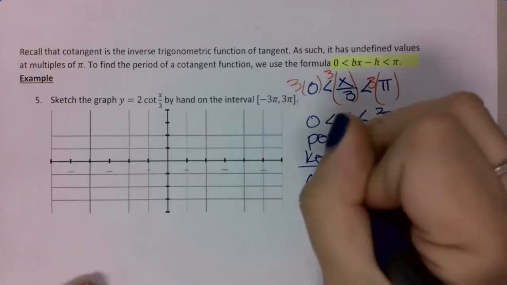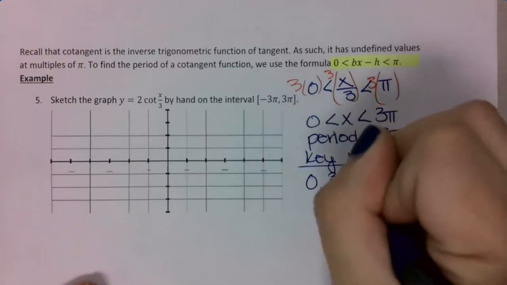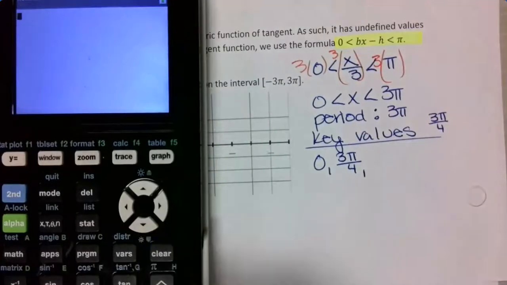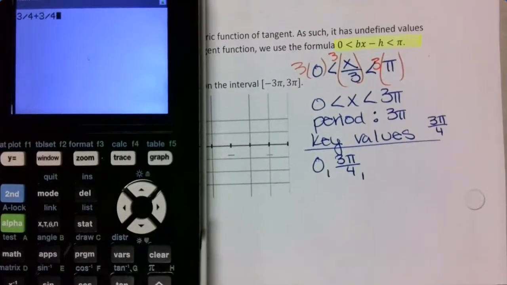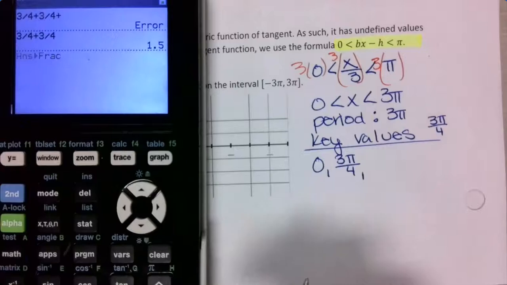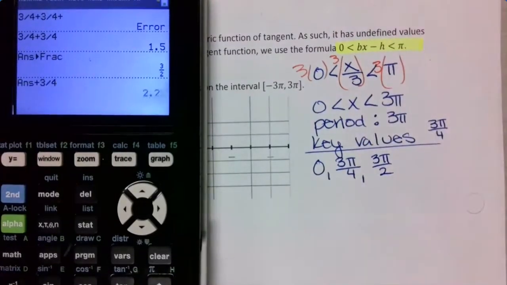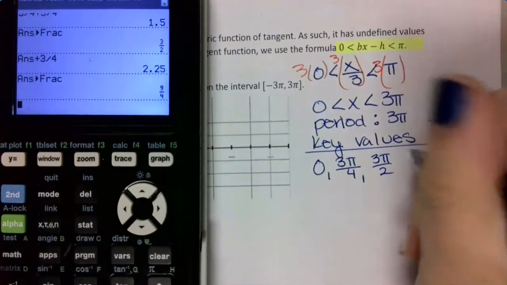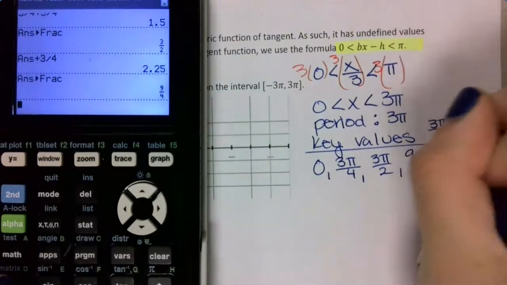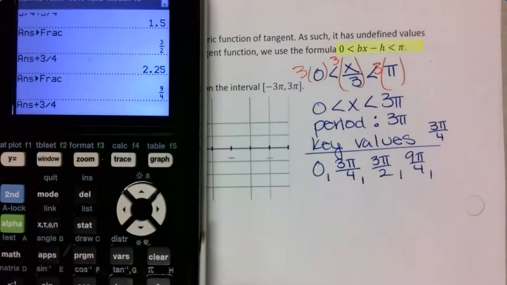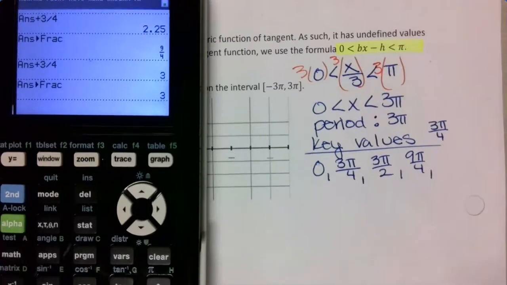I start at 0. 0 plus 3 fourths is 3 fourths. 3 fourths plus 3 fourths gets me 3 halves. Plus 3 fourths gets me 9 fourths, 9 pi fourths. And if I add 3 fourths again, I should get 3, which I do.